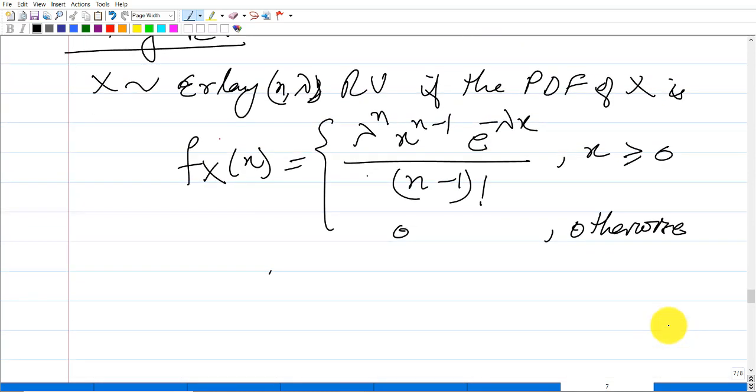So that is quite straightforward. The parameter lambda should be greater than 0, and n should be greater than or equal to 1 and should be an integer.